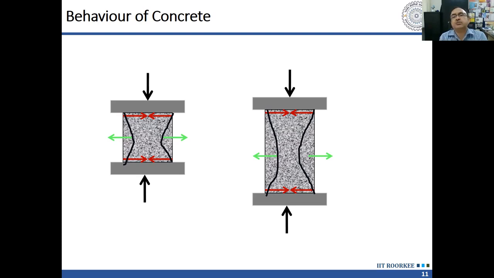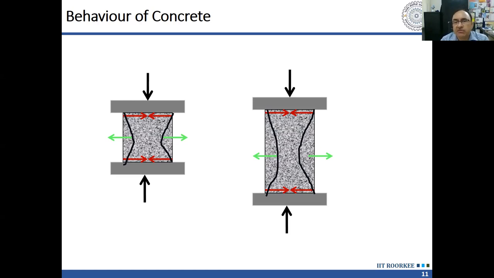Then the other factor 0.85, that is the factor due to size effect, because the volume of the concrete in the actual structure is much larger than the volume we are using even in a cylinder. In cube it is even less.